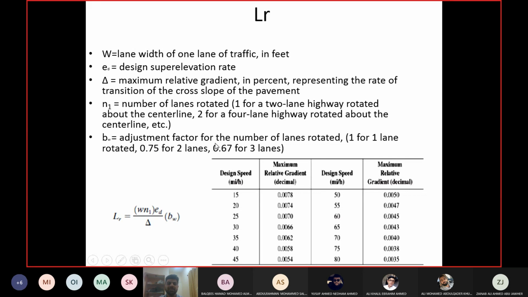For 3 lanes, we are taking 67% of LR. For 4 lanes, the value is not given here, but we take 50% of LR. So BW is an adjustment factor, because we don't want too long an LR, since it will delay coming to the curve. So we want to achieve the super elevation as fast as possible.